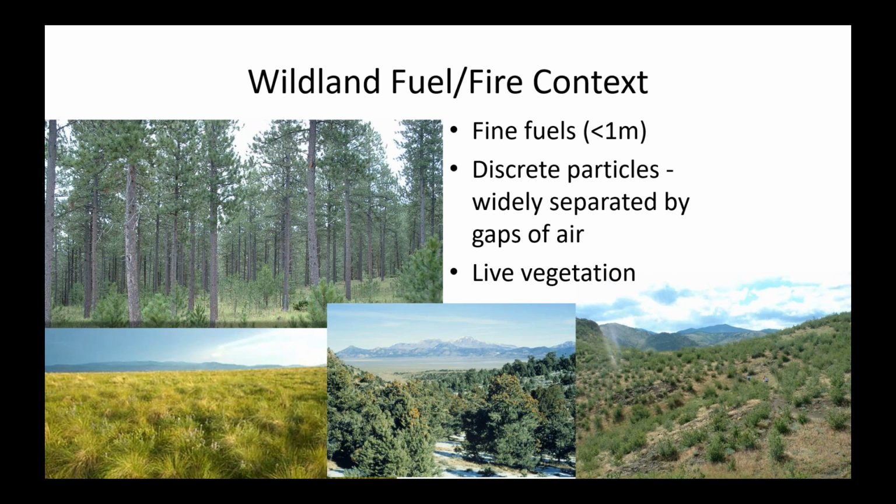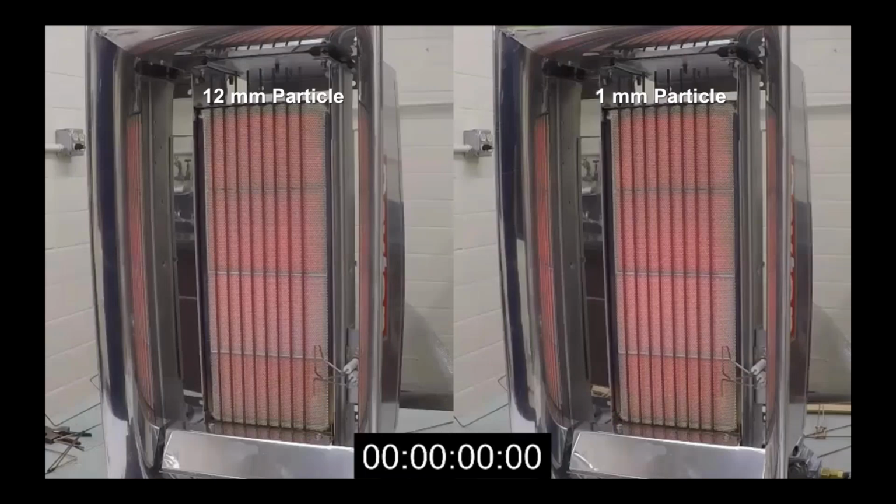These are pine needles and grasses and leaves and small twigs of shrubs and trees. They're discrete particles, and by being discrete, they're separated by air. And this is very important to the heat transfer and the ignition processes that are relevant and quite unique to wildlands compared to industrial fire environments and live vegetation, of course. Let's see how unique this is.